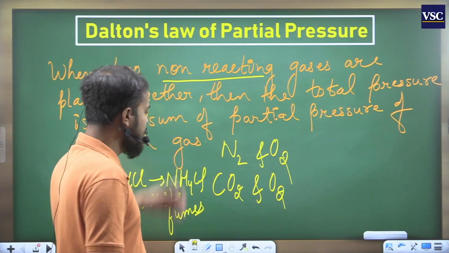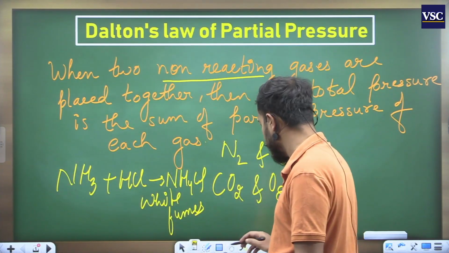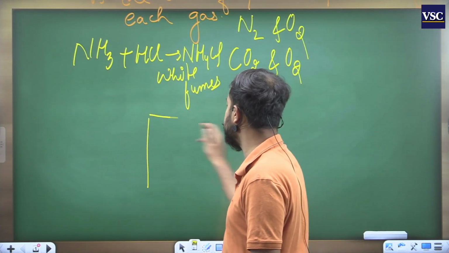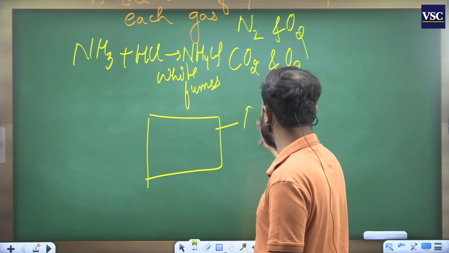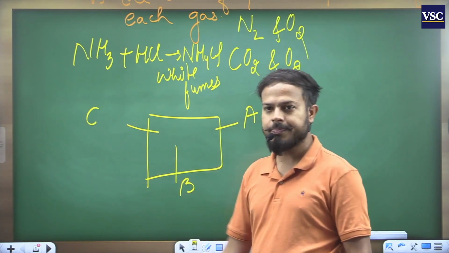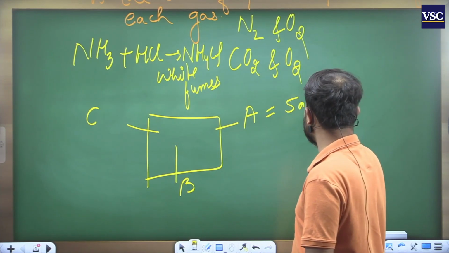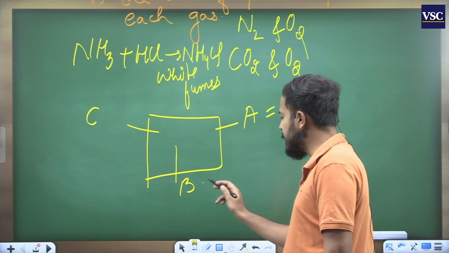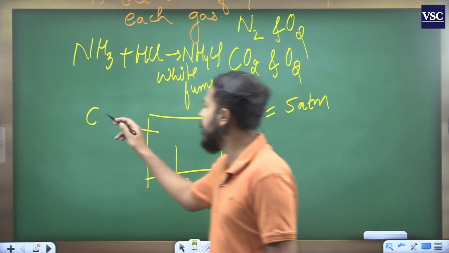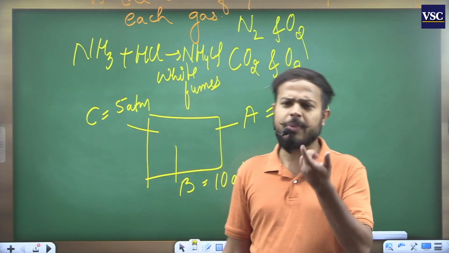Okay, let's move on. If you have two or more gases together in a container, say you have gas A, gas B, and gas C. If gas A has 5 atm pressure, gas B has 10 atm pressure, and gas C has 5 atm pressure, what are these pressures actually?